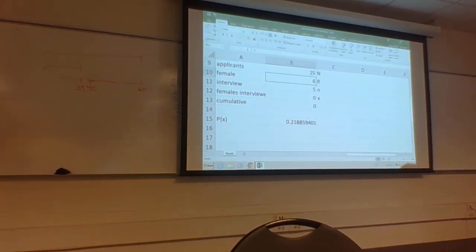But appreciate what happens if we had more women. What happens if we had 10? Now it's only like a 5.6% chance that by random chance, ooh, that's suspicious. Imagine if we had more than half the women and none of them were interviewed. That's a less than 1.5% chance. That's really suspicious.